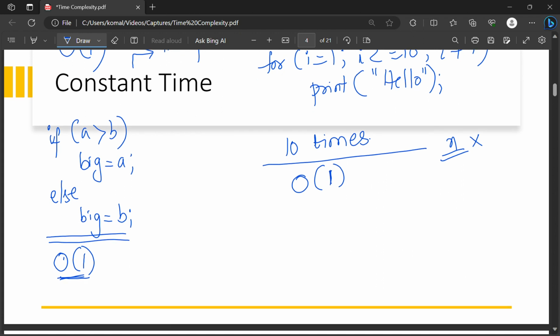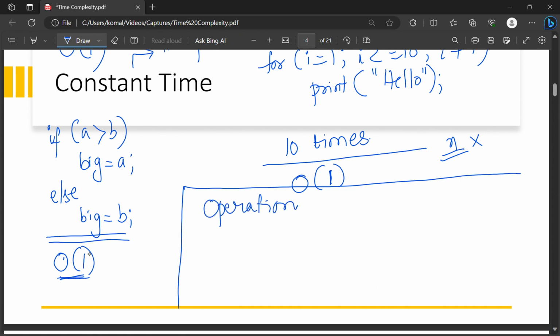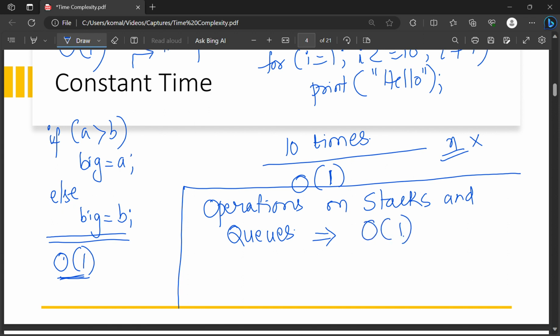Next. Another example for constant time complexity is operations performed on stacks and queues. They consume constant time complexity. What are the operations we can perform on stacks and queues?